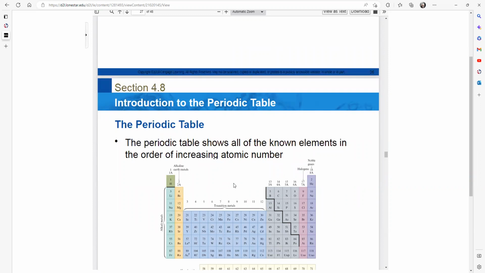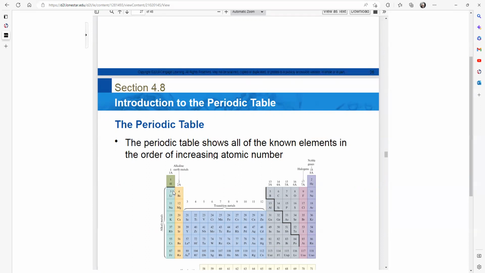The periodic table is a representation of the elements in order of increasing atomic number. Look, the first one is hydrogen, atomic number 1. Then the second one is helium, atomic number 2.